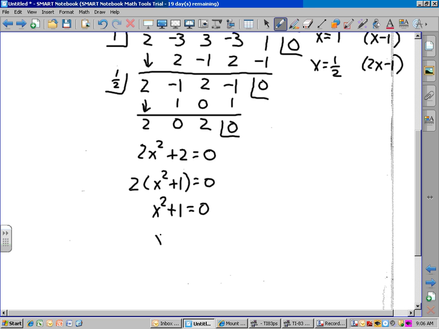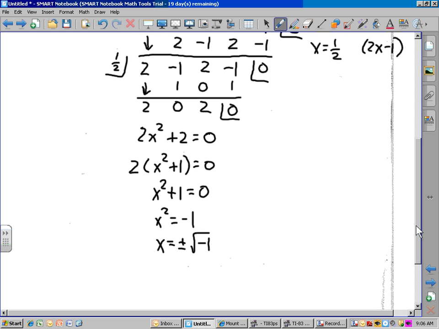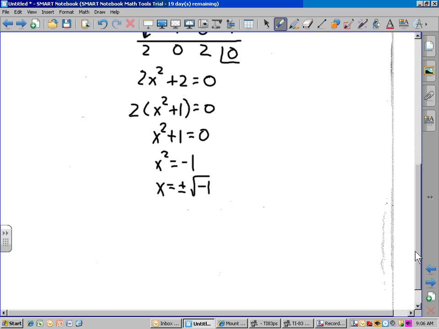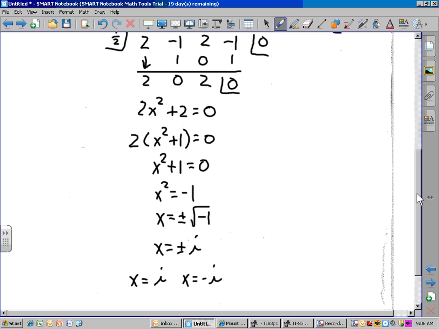Solving this, x squared equals negative 1. X equals plus or minus the square root of negative 1. Now we defined that earlier in a previous lesson. The square root of negative 1 is i. So we get x equals i and x equals negative i for our other two roots. Those are imaginary roots.